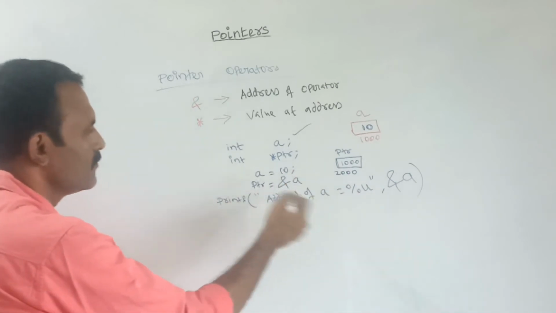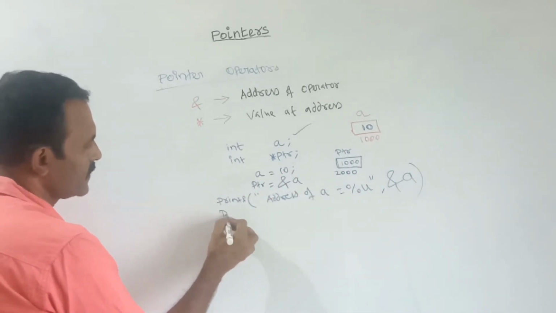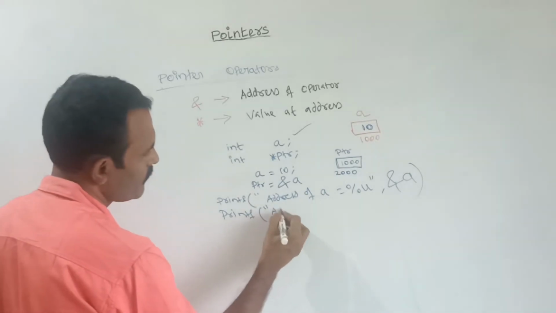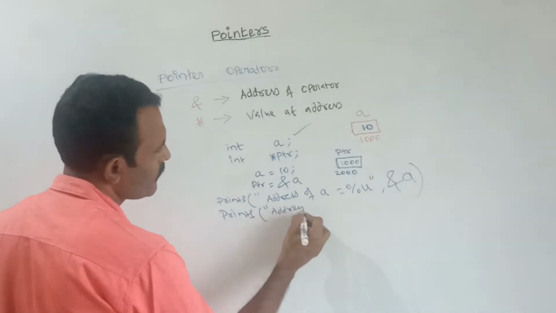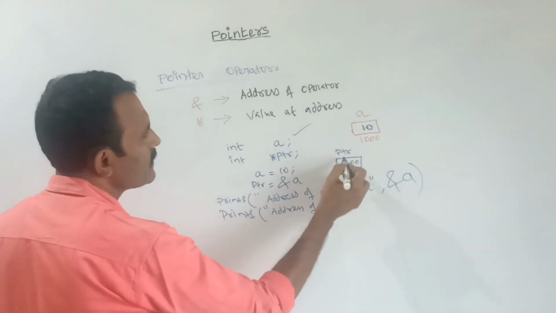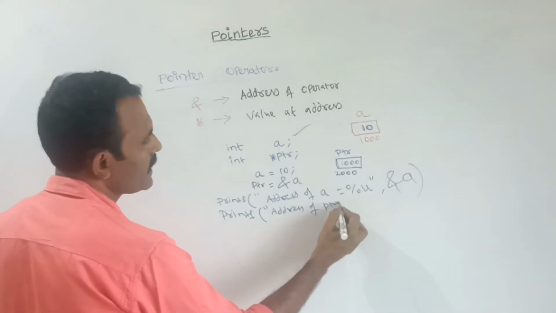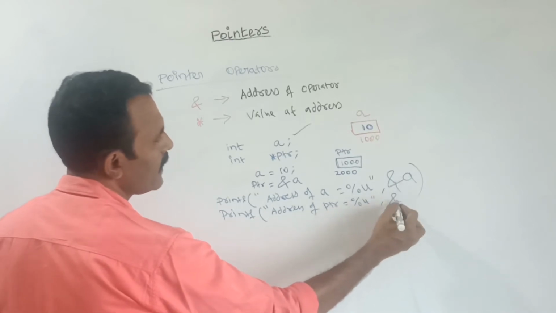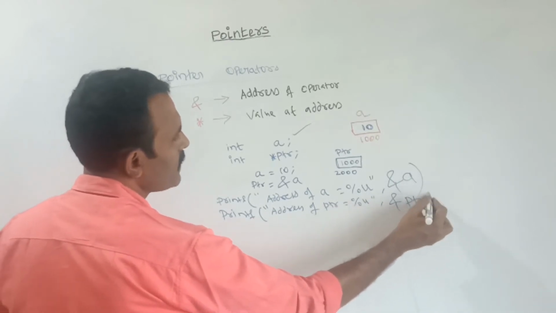Otherwise, the second one we can give like this: printf address of this pointer variable ptr is equal to percentage u comma ampersand of ptr.